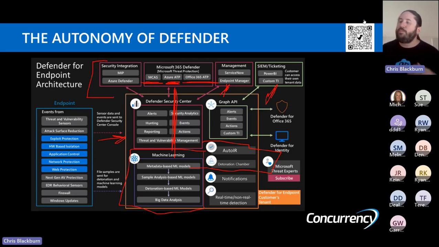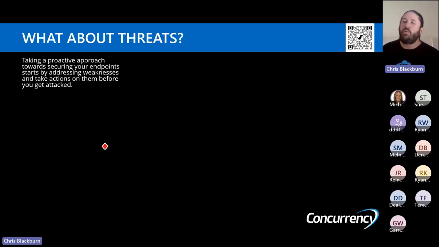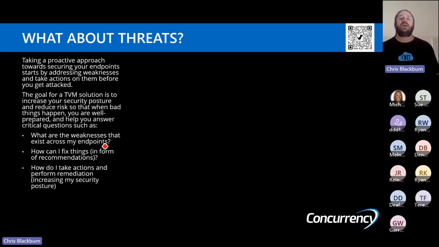So as we start to peel back the layers of the capabilities of Defender and look at the proactive approaches, we're talking a lot about threats. At the core, Defender for Endpoint really does help us look at security posture and how we can address weaknesses on our machine.